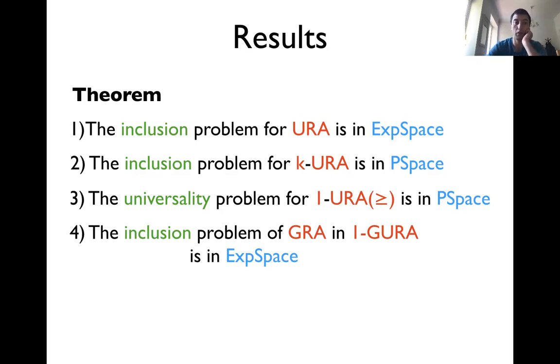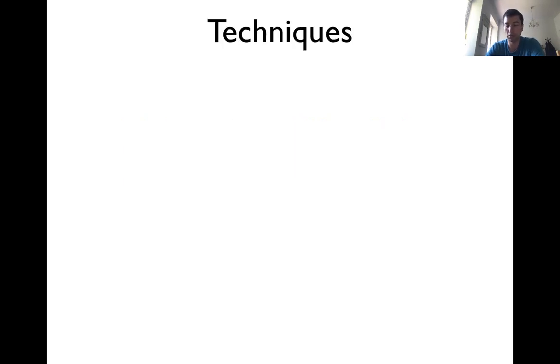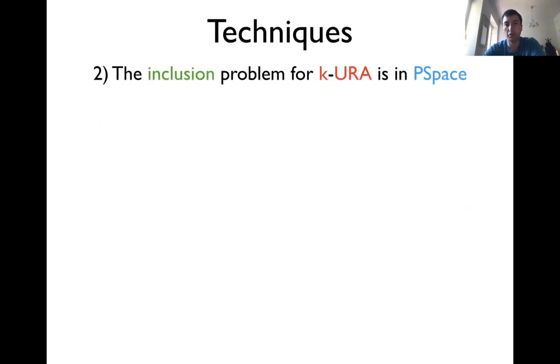And now, essentially speaking, the rest of the talk will be devoted to presenting the technique on simplified point number 2. So about techniques: this point number 2 was the inclusion problem for unambiguous register automata with k registers.